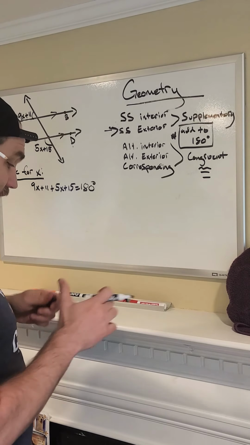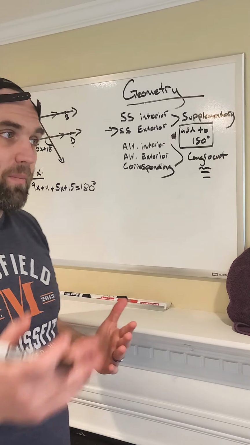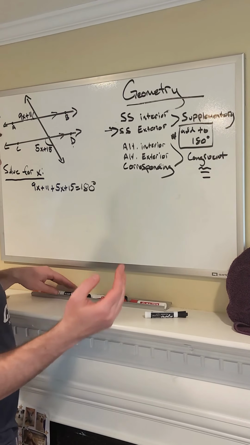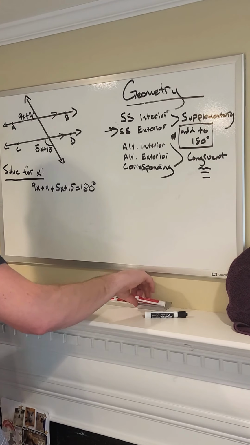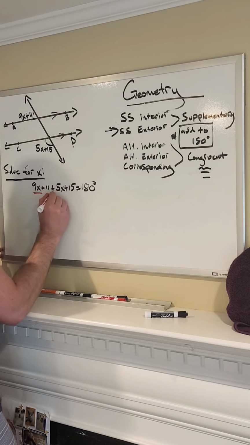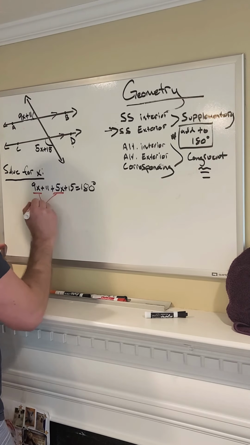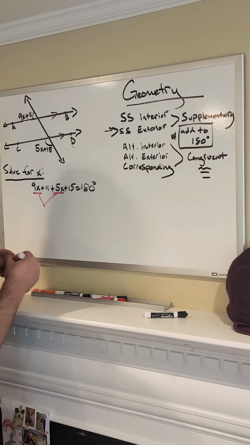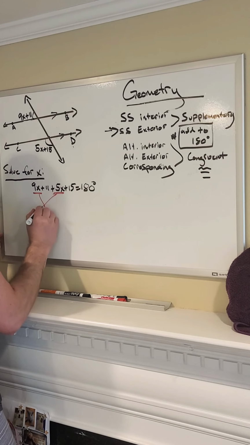All right, easy. Algebraic equation now. I've got to follow my steps: combine my like terms, then isolate the term with the variable in it, and then isolate the variable completely. So let's see what I have for like terms. I have 9x and 5x, which when I add those gives me 14x.